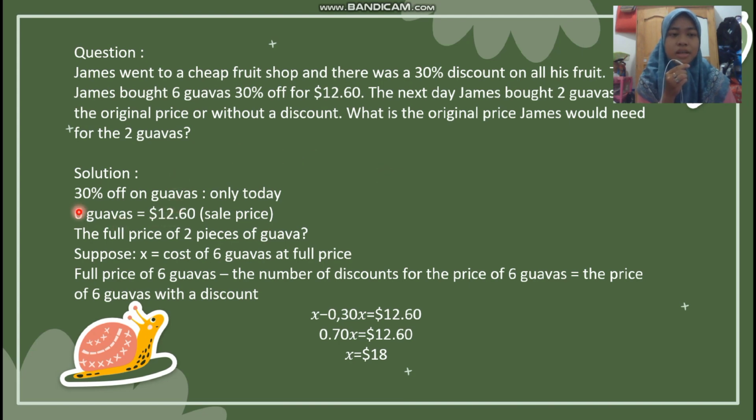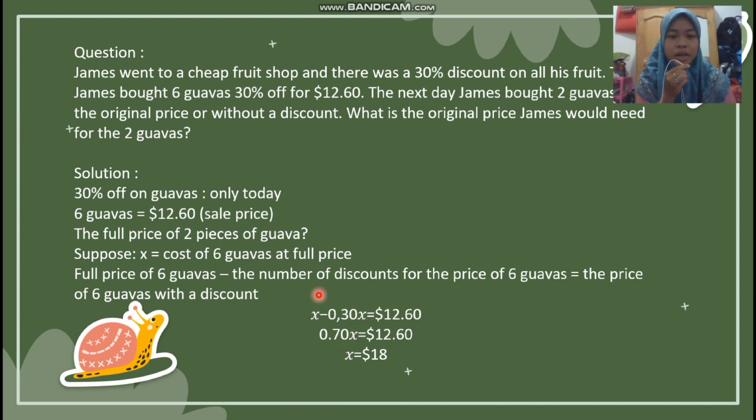In the solution, 6 guavas today equal $12.60 sold price. Suppose x equals the cost of 6 guavas at full price. The full price of 6 guavas minus the discount amount equals the price of 6 guavas with a discount.